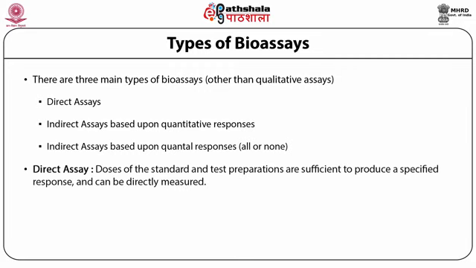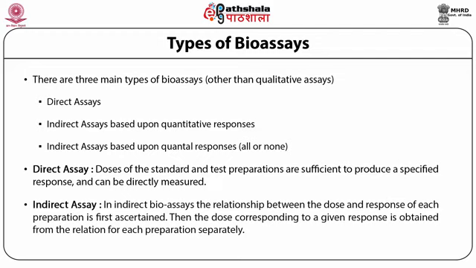In direct assay, the doses of the standard and test preparation sufficient to produce a specified response are measured directly from the response result. In indirect bioassay, the relationship between the dose and response of each preparation is first ascertained, then the dose corresponding to a given response is obtained from the relation of each preparation separately.